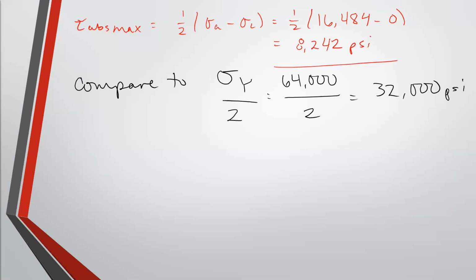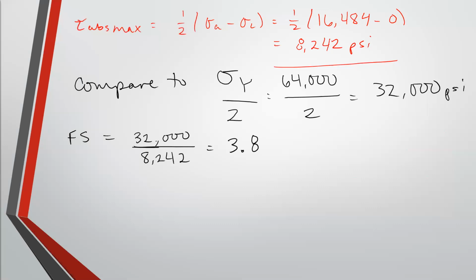In fact, we can calculate a factor of safety, which would be 32,000 over 8242. And that gives us 3.8. So we could increase our pressure by 3.8 times before we would expect to see yielding.